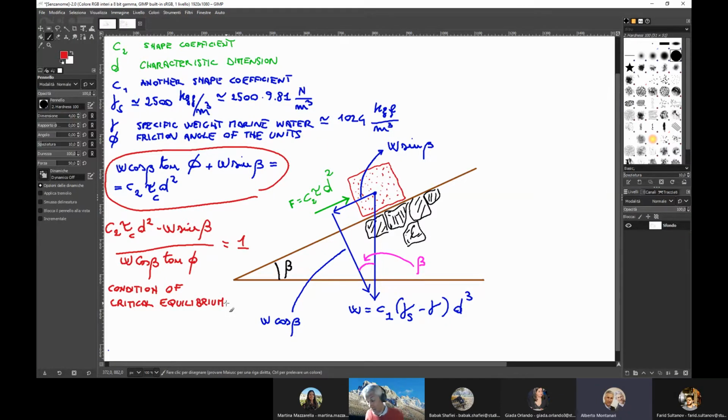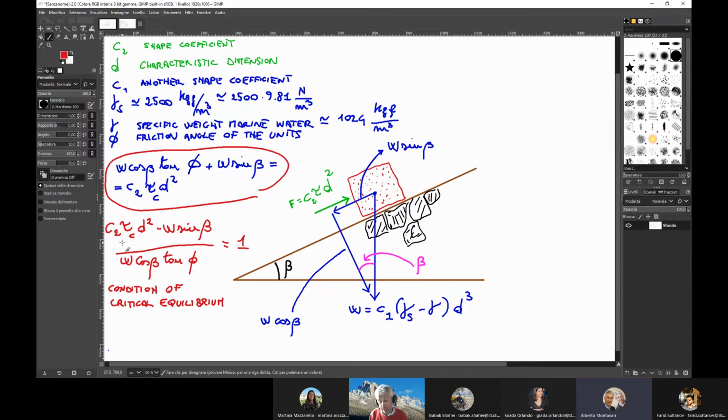And then you may ask, what happens if I have other particles? It's not isolated. Of course, if it's not isolated, then we need to make a correction, and we will see how to make this correction. Now, I am interested in studying this value of tau C. Why?